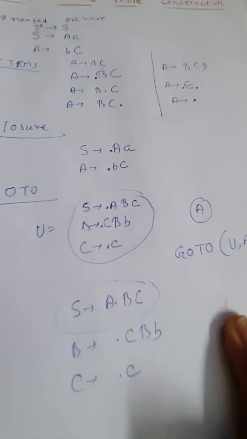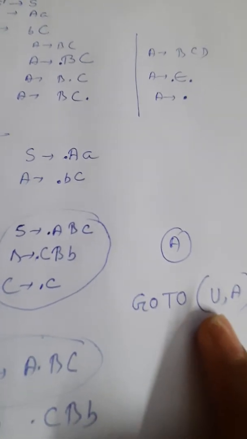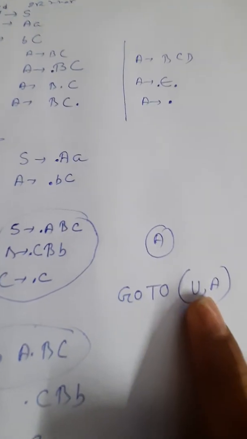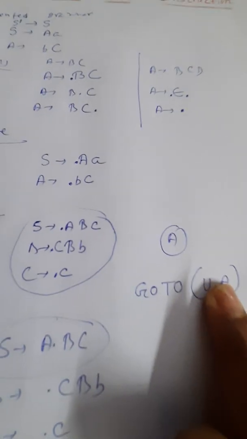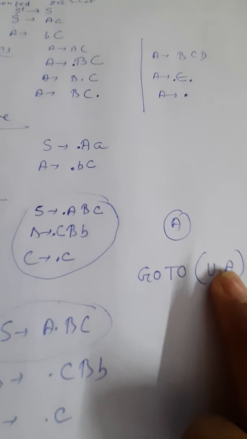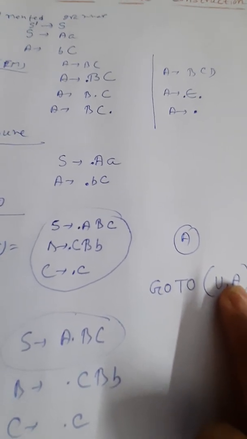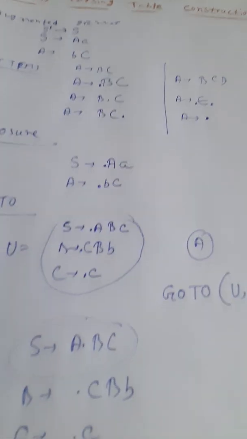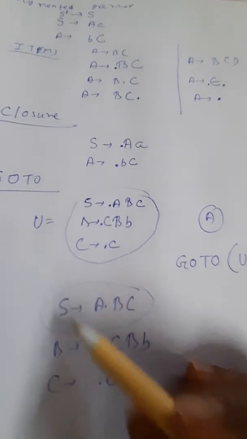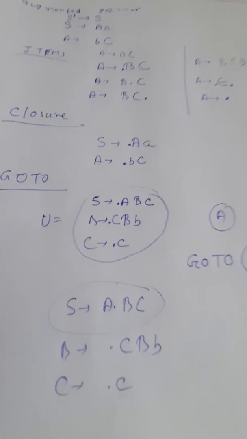It means while finding goto, we will look if there is any rule where the dot is just before this given symbol. If we have found any such, then we will make the dot shift one position right, and find the closure of this. So this is the goto.